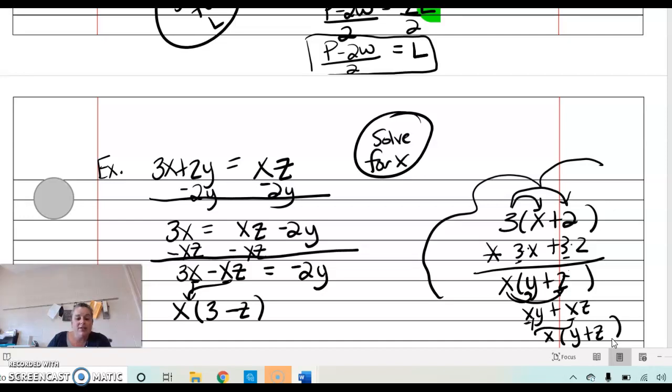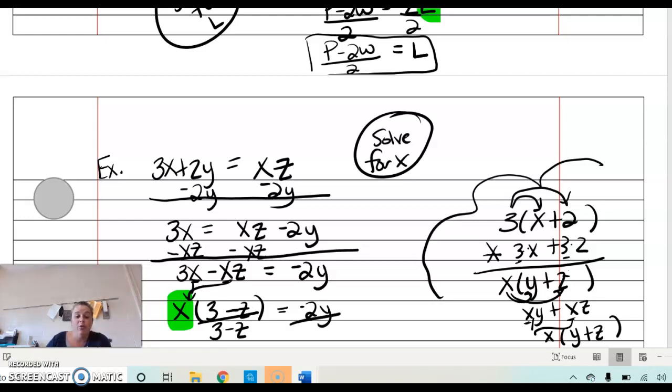And if you take a look at this, working forwards now, x times 3 gives me 3x, x times the minus z gives me minus xz. So now I just have one x there, and we can actually get rid of this. X is multiplied by, so if I look at my highlighter here, here's my variable. What's happening to it? Well, it's multiplied by 3 minus z, so let's divide both sides by 3 minus z.